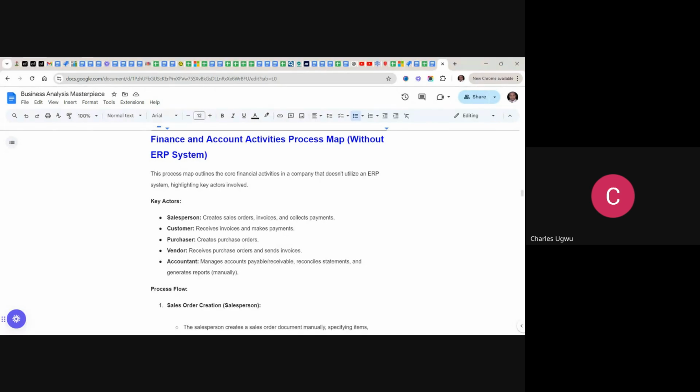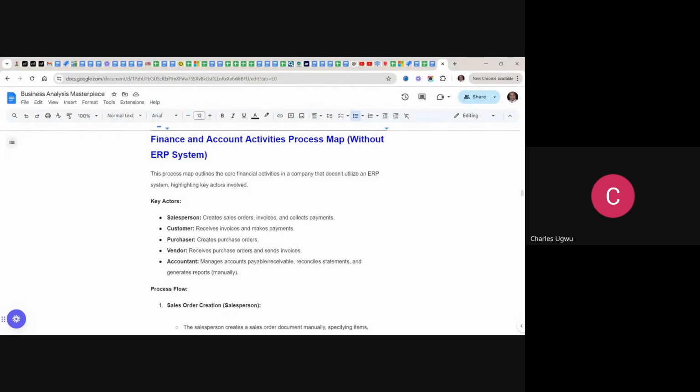You look at here, you see, we did not even capture the HOD finance. You see here people that are doing day-to-day. This is the salesperson. They push for sales. They convert lead into customers. So these are the salespeople.